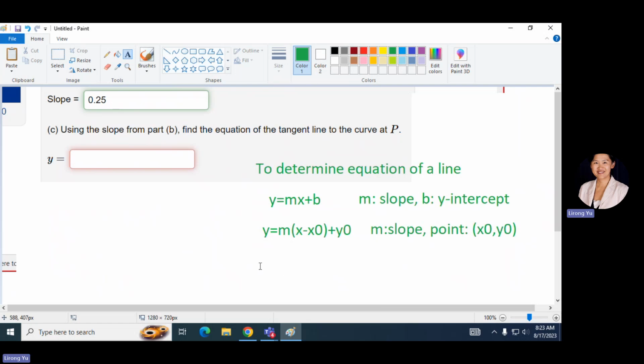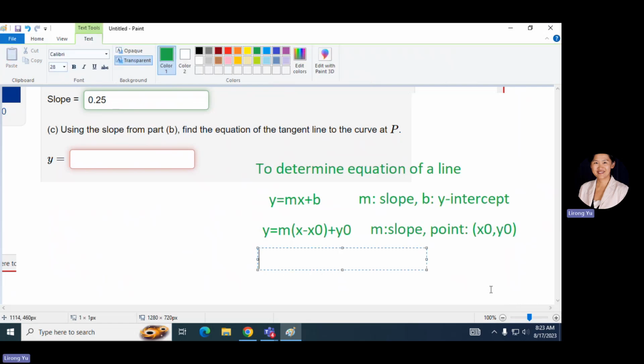Those are the two most common ones. We have other ways to determine the line. Suppose you have the intercepts.